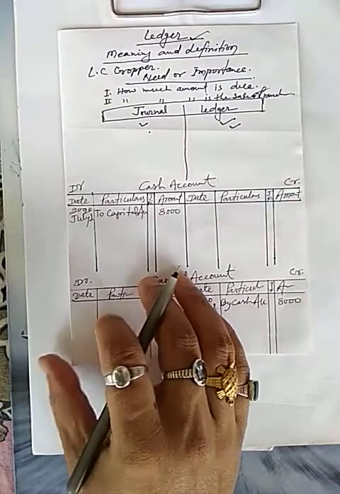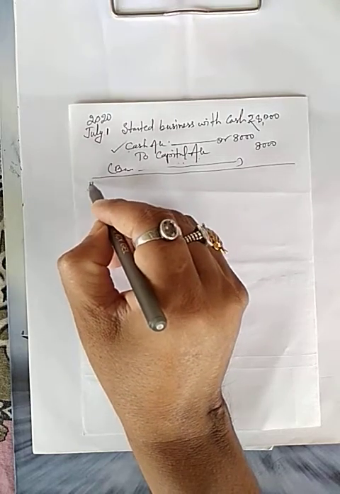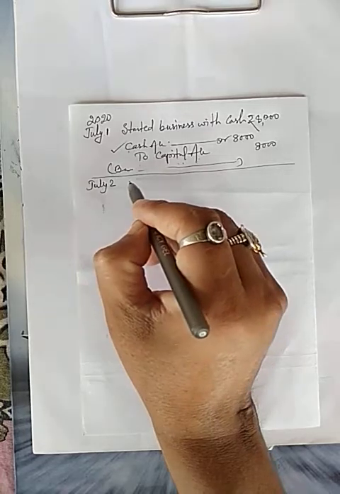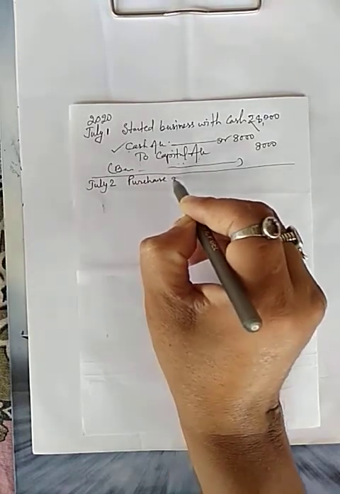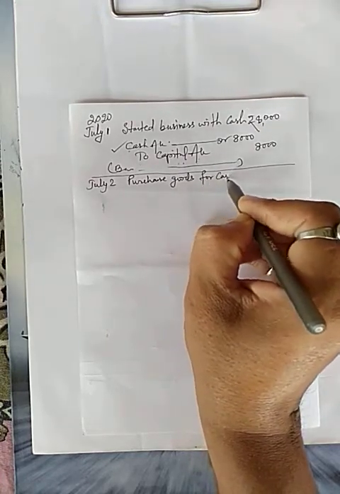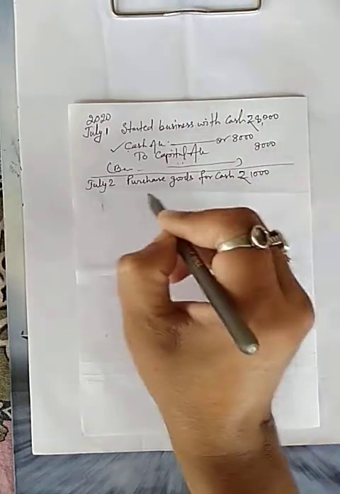Suppose one more journal entry on July 2, purchase goods for cash rupees 1,000.